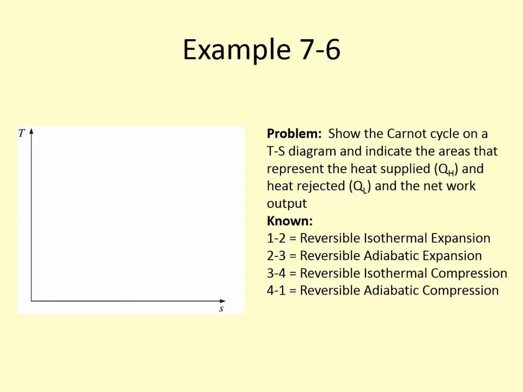Okay, so if it's an isothermal expansion process, what do we kind of know about our system and maybe what's happening in that process? Why is it a horizontal line? Okay, so it's isothermal, it's going to be a horizontal line.